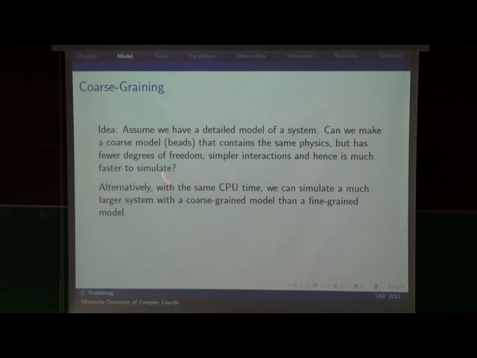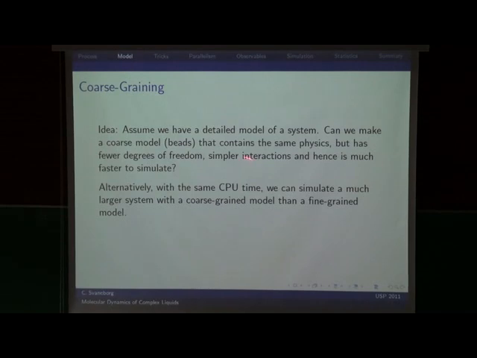Alternatively, given the same CPU time, we can simulate much larger systems with coarse-grained models than with fine-grained models. But of course, coarse-grained models mean that we are not going to learn atomistic details anymore. We throw away the possibility of learning something atomistically or on the level of electronic transitions.